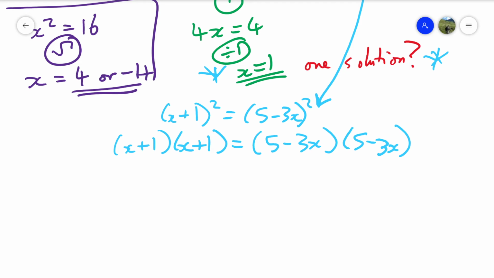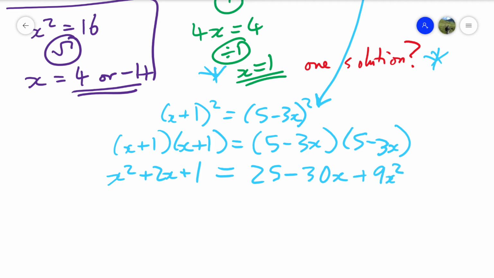And when it's squared, you have to do the right part. So we've got x squared plus 2x plus 1 equals 25 minus, what's 5 times 3? 15. Minus 30x plus 9x squared. Let's faff around here. Let's minus x squared from both sides.